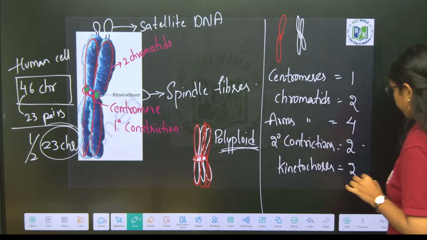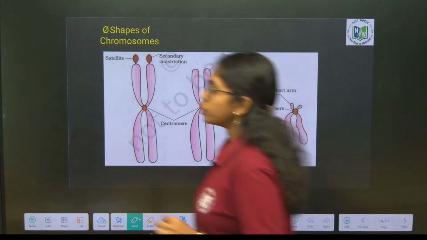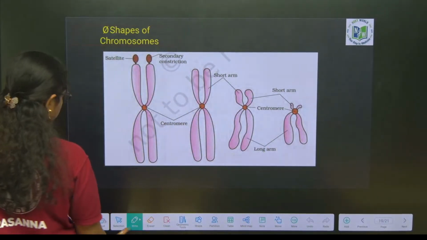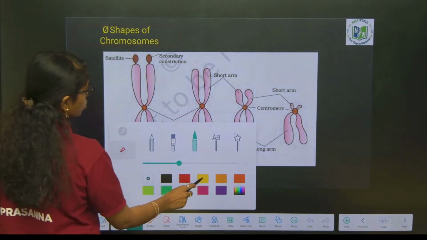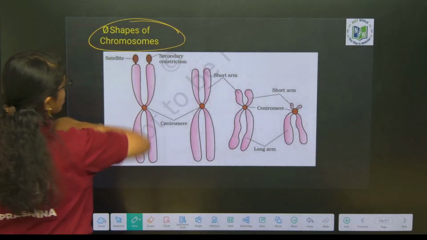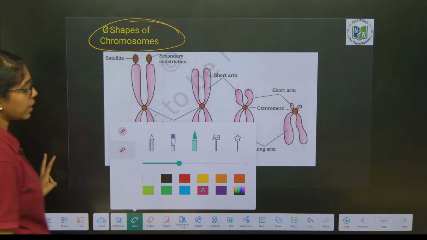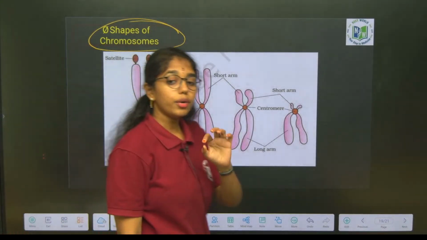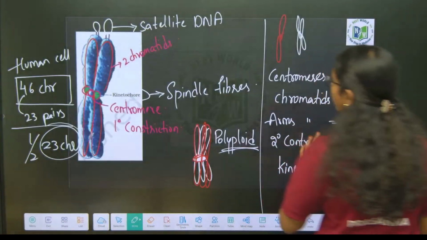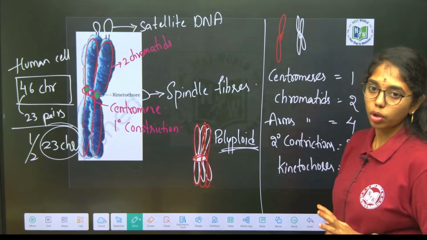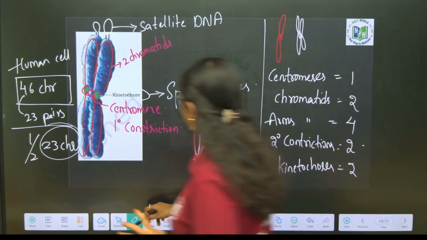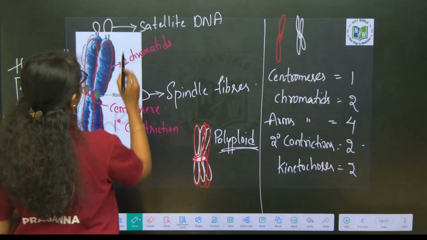Now you see shapes of chromosomes. Here, one thing you have to know: during the time of cell division, during metaphase of cell division you can clearly see the structure of the chromosome. Okay, take down, important point actually.